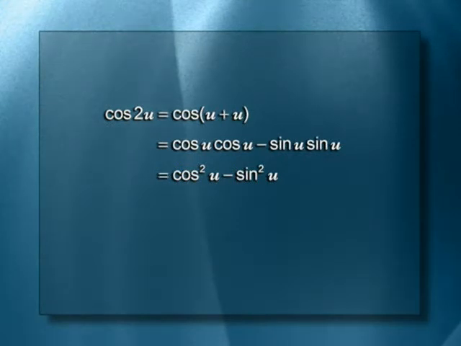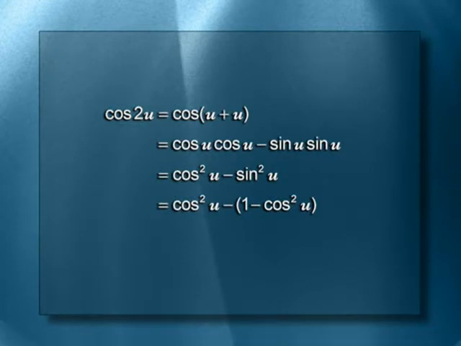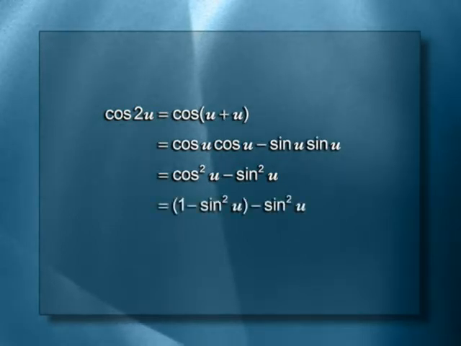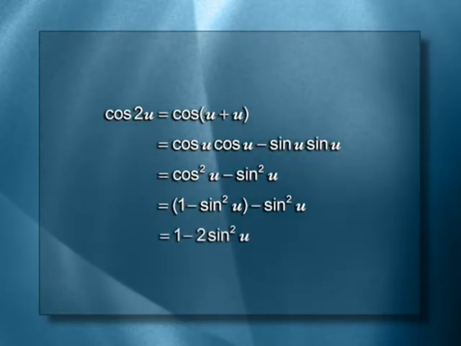You can take that sine squared and use the fundamental identity to write it as 1 minus cosine squared, and then you get 2 cosine squared minus 1. Or you can do something different. Take the cosine squared and write it as 1 minus sine squared, and then you get the equivalent formula, 1 minus 2 sine squared u.